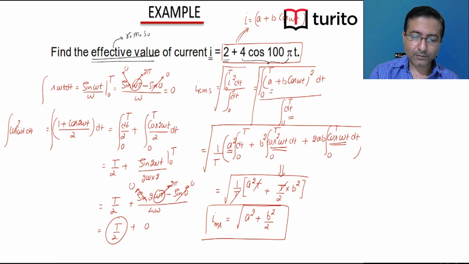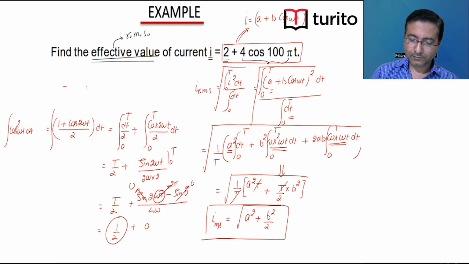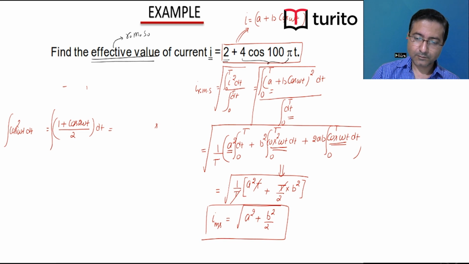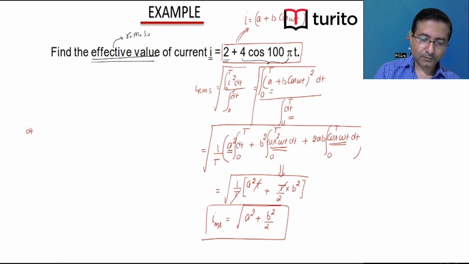Okay, now I substitute the given values in the expression and let's see what we are getting. If I compare, A we have 2 and B we have 4.